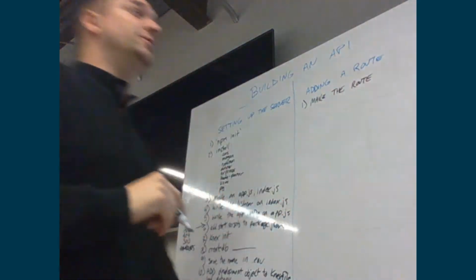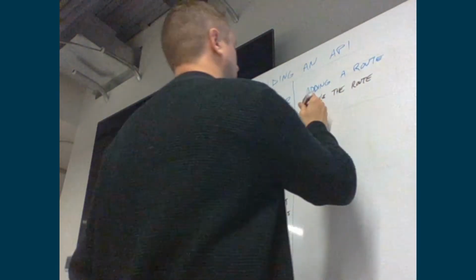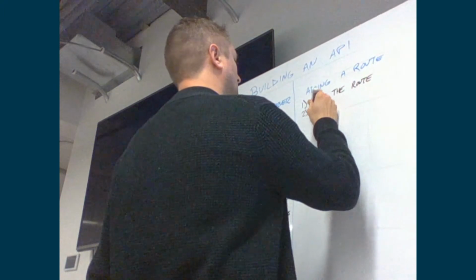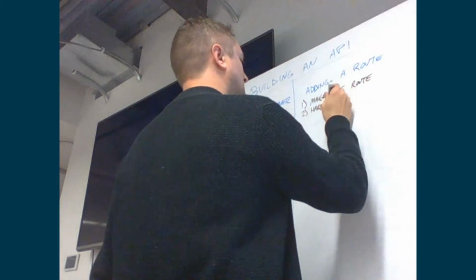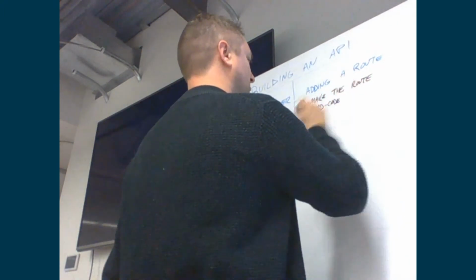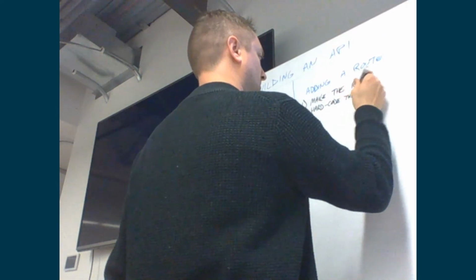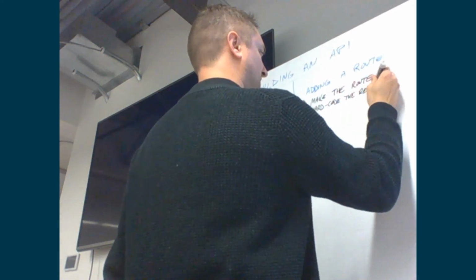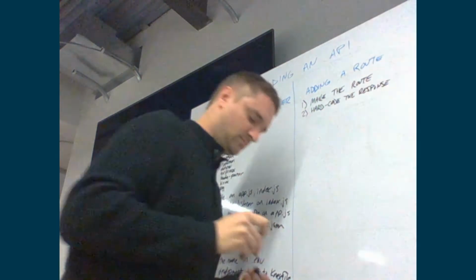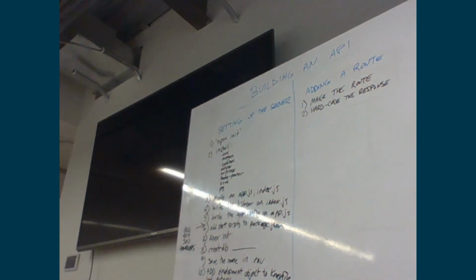And what I would do is hard code the response. There's a specific reason I recommend doing that. If you hard code the response with just arrays and objects, now it's working. It's much easier to keep something working as you add complexity than it is to get it all right the first time.